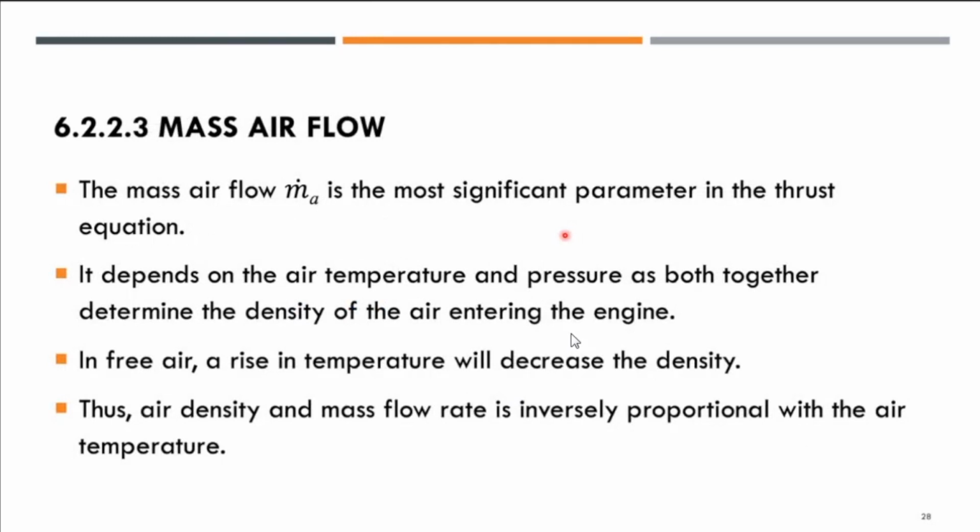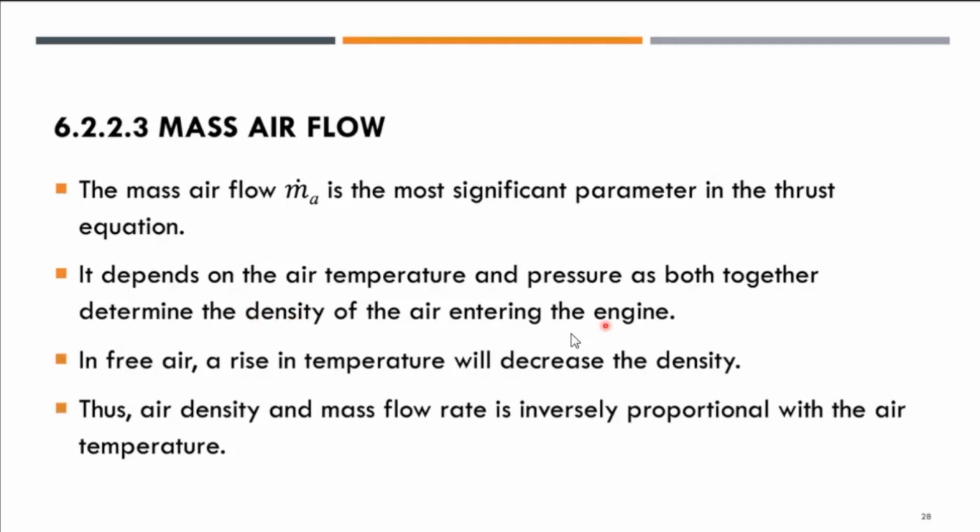The next one, the third aspect of the factors affecting thrust, is the mass airflow. The mass air flow m dot A is the most significant parameter in the thrust equation, equation 3.1 earlier. It depends on the air temperature as well as the pressure, as both together determine the density of the air entering the engine.